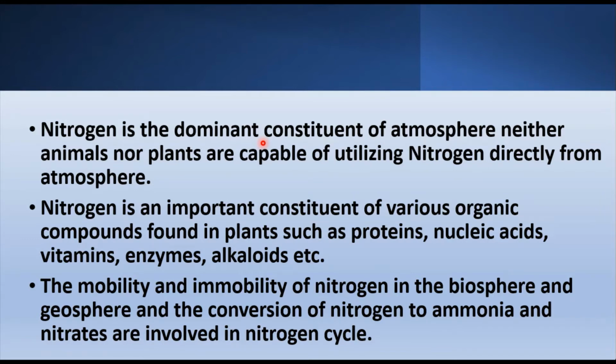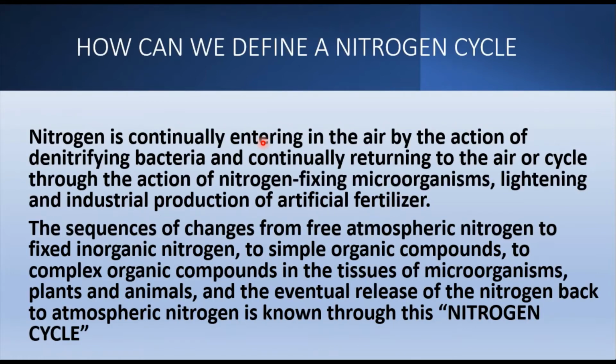Nitrogen is an important constituent of various organic compounds found in plants such as proteins, nucleic acids, vitamins, enzymes, alkaloids, etc. The mobility and immobility of nitrogen in the biosphere and the geosphere, and the conversion of nitrogen to ammonia and nitrates, are involved in the process of cycling called the nitrogen cycle.